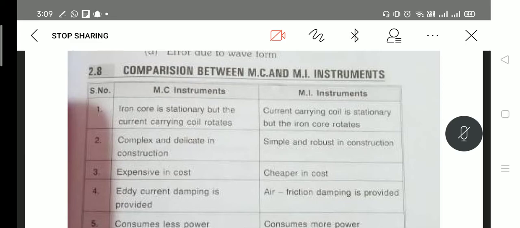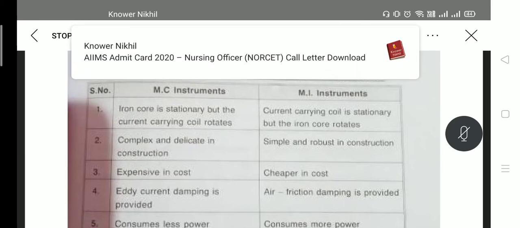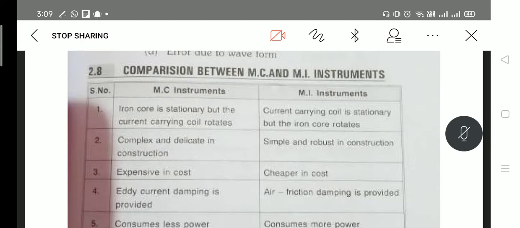In the moving iron instrument, the current coil is stationary, but the iron core is rotating. The MC instrument is complex and delicate in construction, but the MI instrument is simple and robust in construction, right? And the MC instrument is very costly and the MI instrument is very cheap.